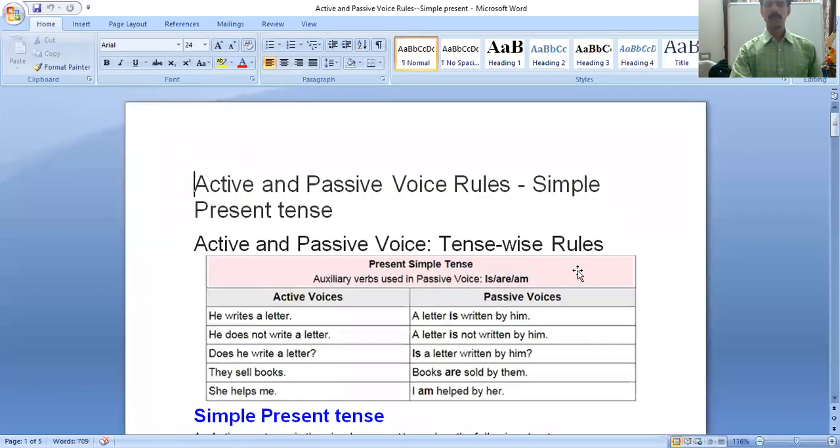So in this way, we can construct all kinds of sentences, different ways of constructing past continuous sentences and past continuous passive forms. Let us go and see a few more examples of past continuous.